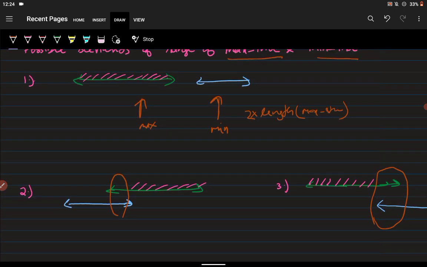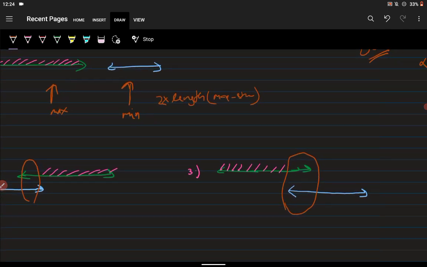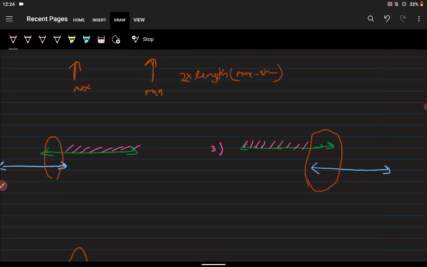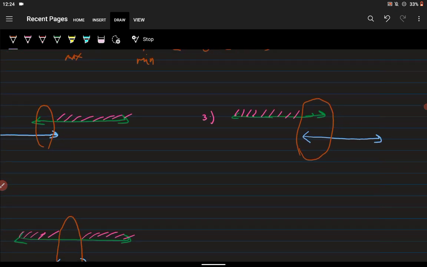Now the greedy approach is that, let's look at this case 3. There may be multiple ranges like this.